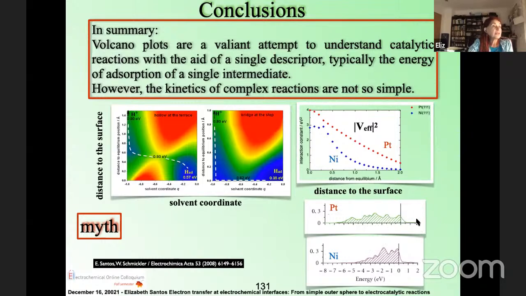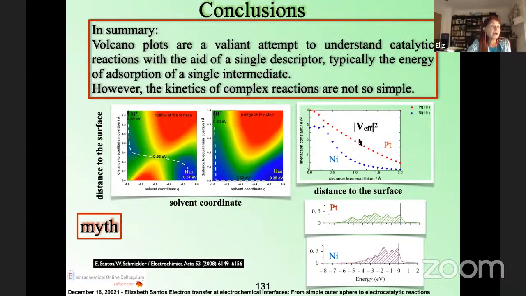We see here, for example, also platinum and nickel, they have very similar D-band structures. Nickel even looks like it has more electronic states near the Fermi level. However, platinum is a very large atom, and the orbitals stand far away from the surface.